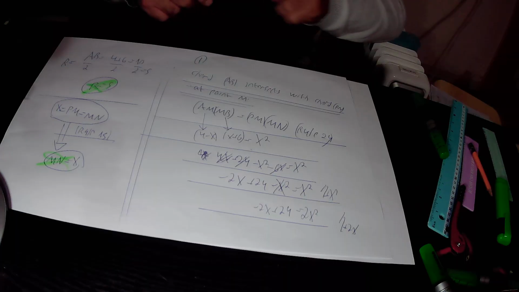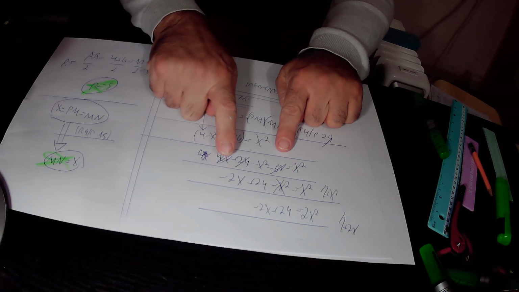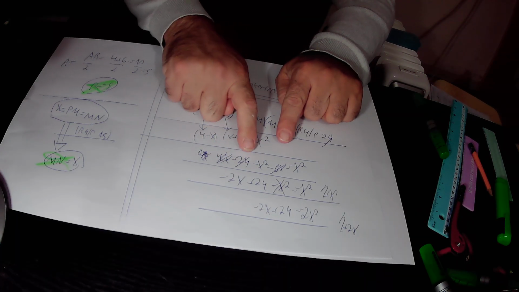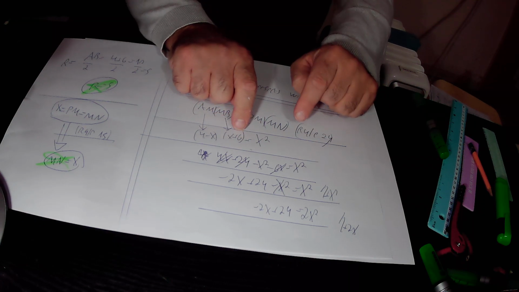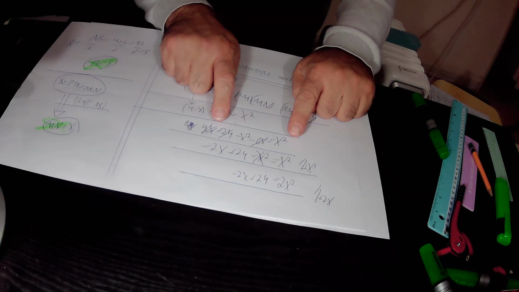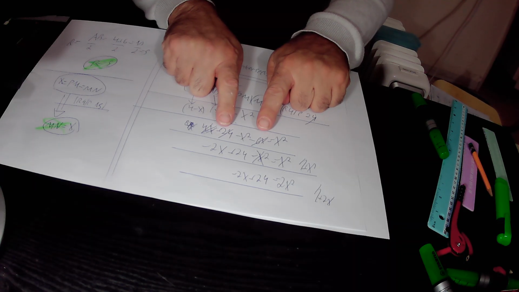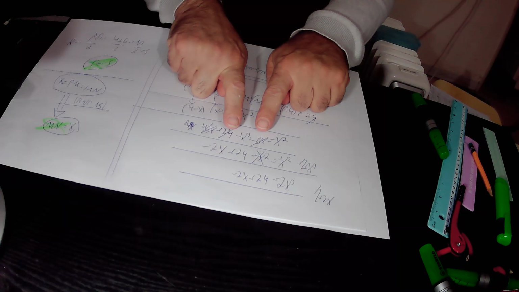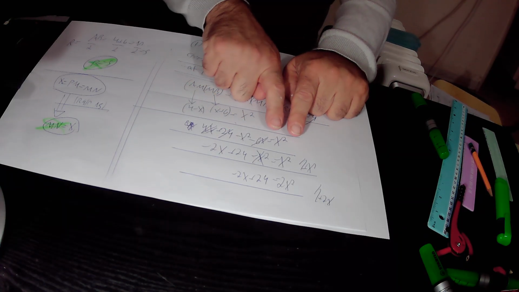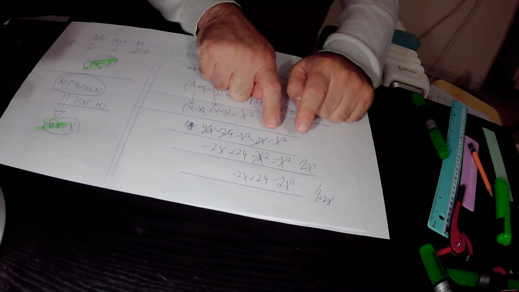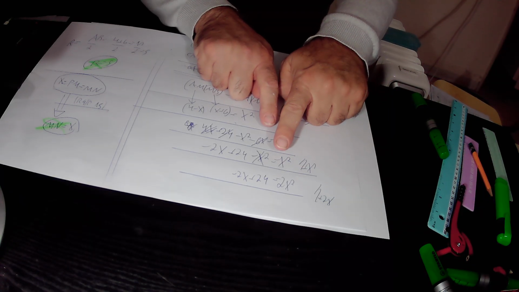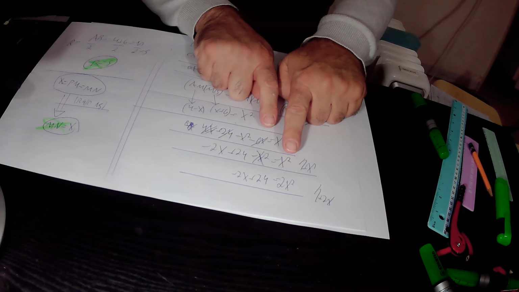Here we have 4x minus 6x is minus 2x, plus 24 minus x squared equals x squared. Here we add x squared to this equation, so x squared minus x squared is 0, so on this side of the equation we are left with minus 2x plus 24. On the other side of the equation we have x squared plus x squared, this is 2x squared. So in total we found out that minus 2x plus 24 equals 2x squared.